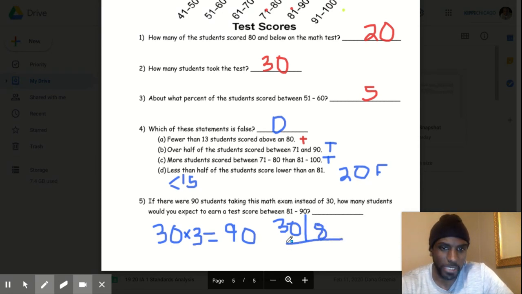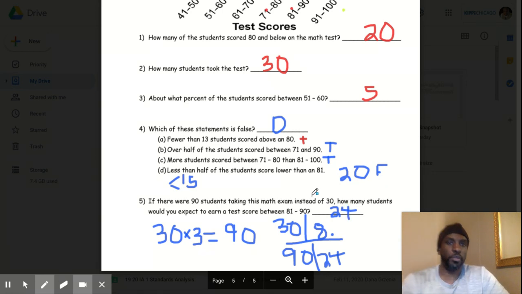So what would that be for 90? Well, 30 times 3 gives me 90. So 8 times 3 gives me what? 24. So I'm going to extrapolate that and guess that 24 students would score 81 to 90. Okay. This is how you do that.